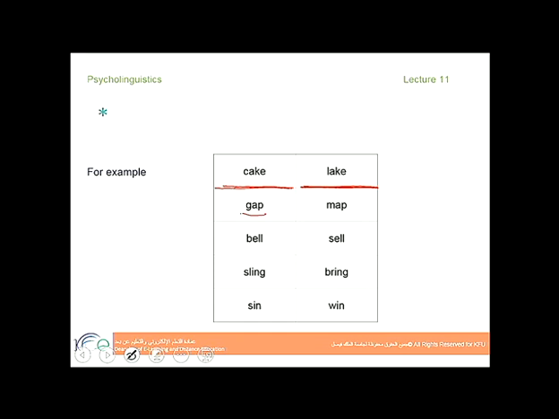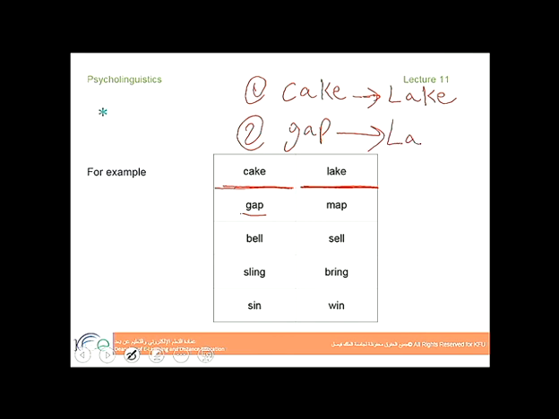So number one, cake, then lake. Number two, we say, for example, gap, then lake.